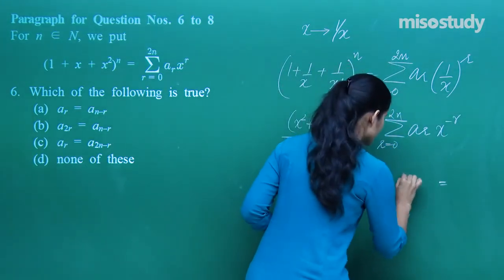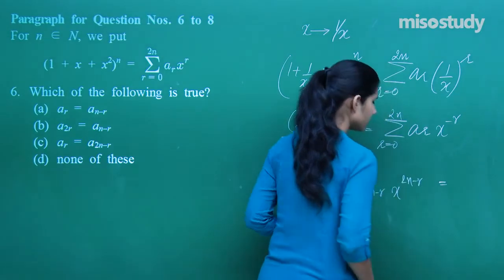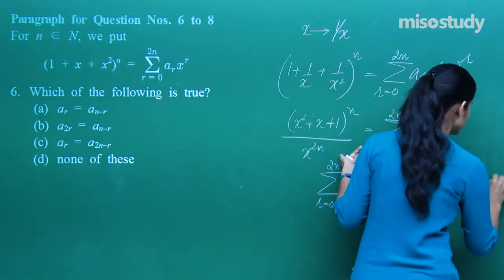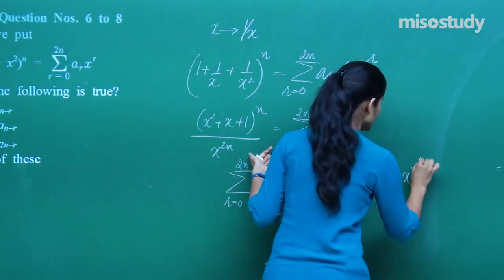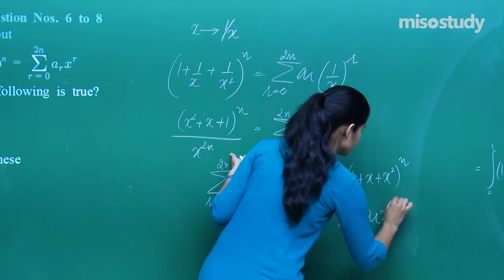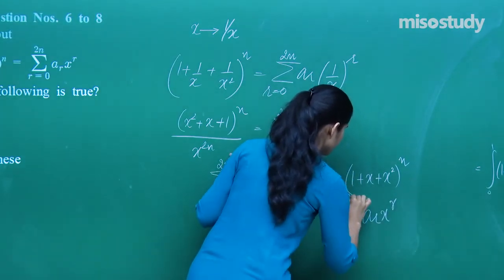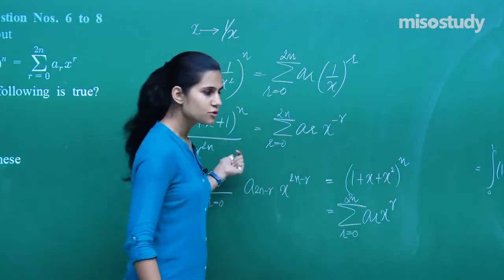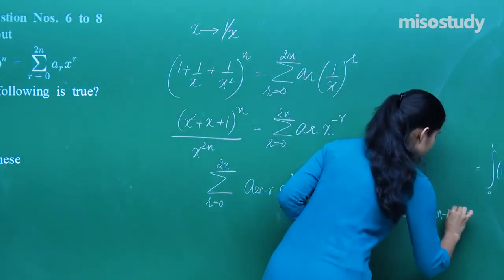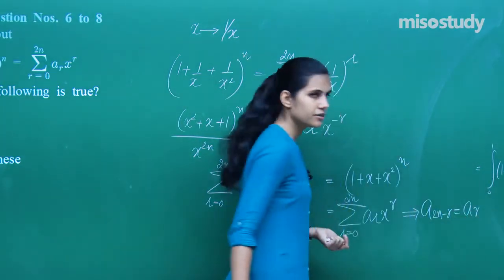This is x to the power 2n minus r. Right? This exactly will be equal to 1 plus x square whole to the power n, which is nothing but summation ar x to the power r. Understood? So from here you are very easily getting that a 2n minus r is equal to ar.